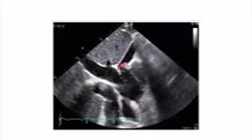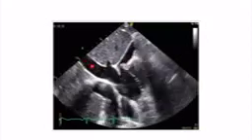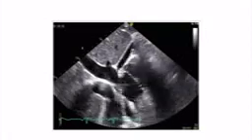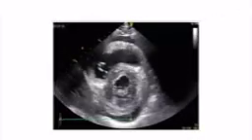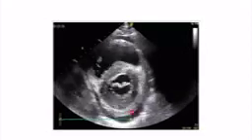The subcostal view has an additional advantage. We're able to see the region of the right atrium, where we frequently see a pericardial effusion as well, and we can see the inferior vena cava, which will play an important role when we look at the hemodynamic sequelae of a pericardial effusion. My second most favorite view is the parasternal window. Now, the parasternal window will show a pericardial effusion in the short axis view, for example, behind the left ventricle, or in front of the right ventricle, right here.